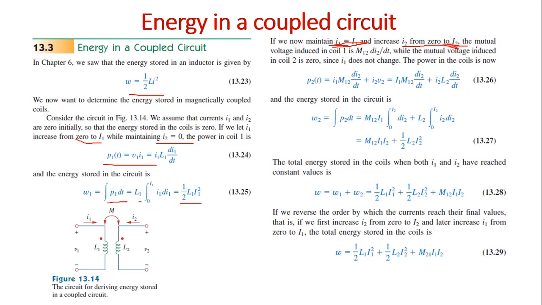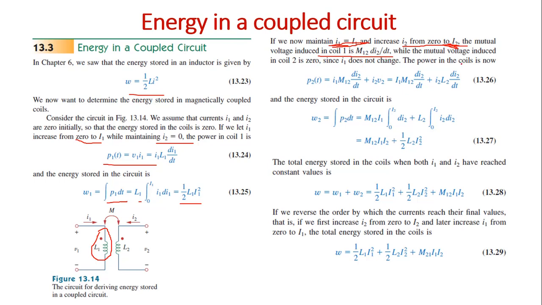Now what happens? The mutual voltage induced in coil 1 is M12 di2 by dt. So in coil 1, the mutual voltage involves current I2, so it is M12 di2 by dt.